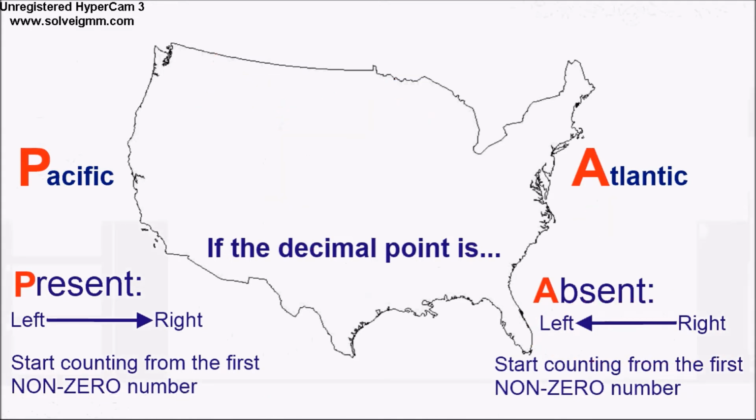Now what if you have a problem in which you're adding or subtracting numbers with different numbers of significant figures? How do you determine how many significant figures your answer should have? That's also easy, and you don't even need the Atlantic-Pacific method for that.